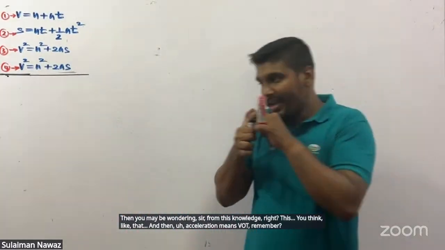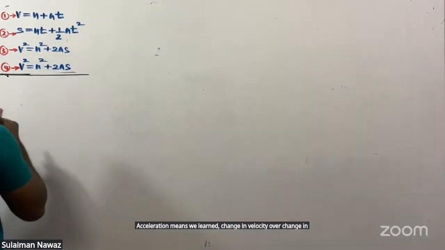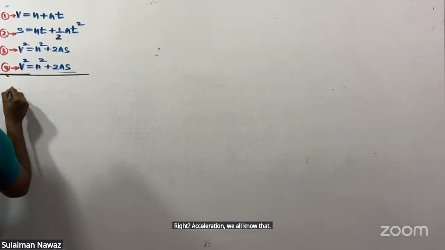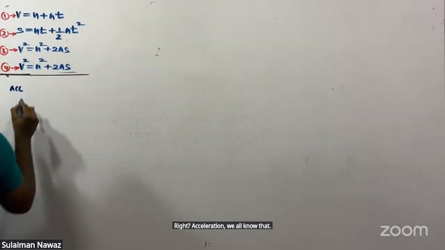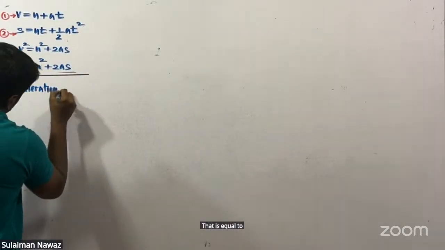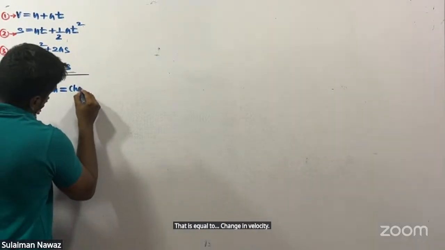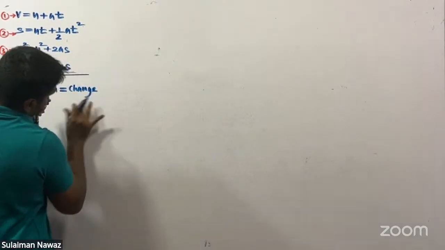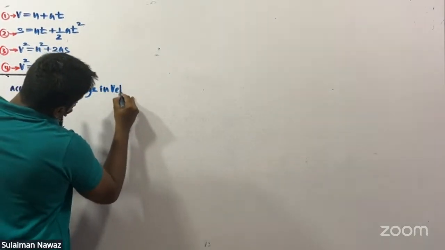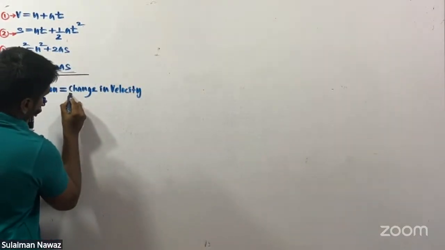Acceleration means what? Acceleration means, as we learned, change in velocity over change in time. Acceleration, we all know that. Acceleration is equal to change in velocity over change in time.